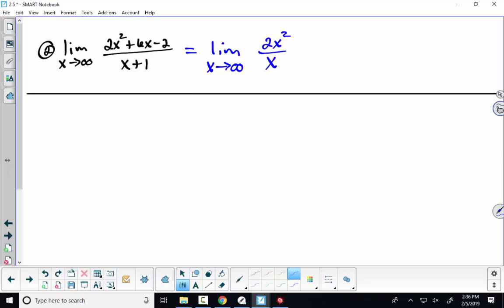And much like in the last example, this function actually simplifies to 2x. And as x goes to infinity, the limit approaches infinity. Again, similar to that last example, we would say that this function has no horizontal asymptote.